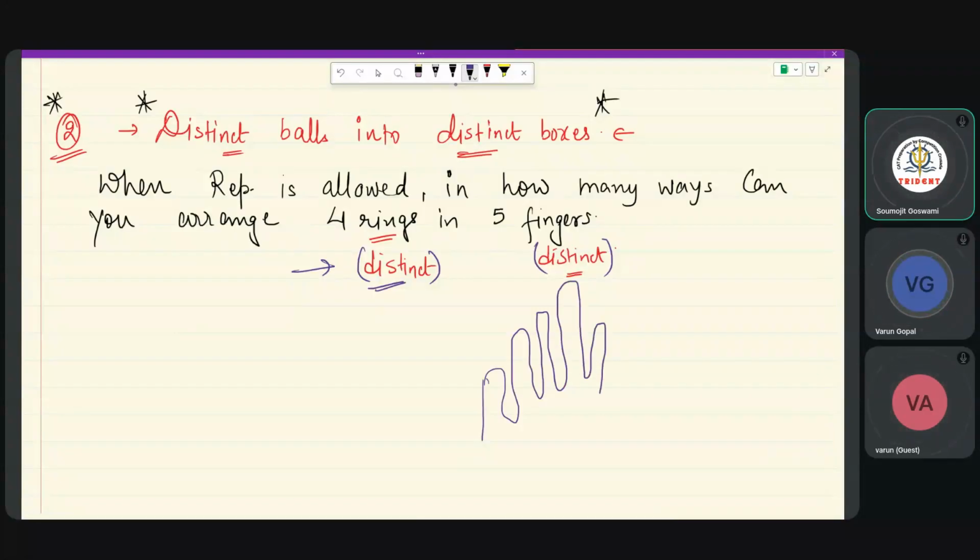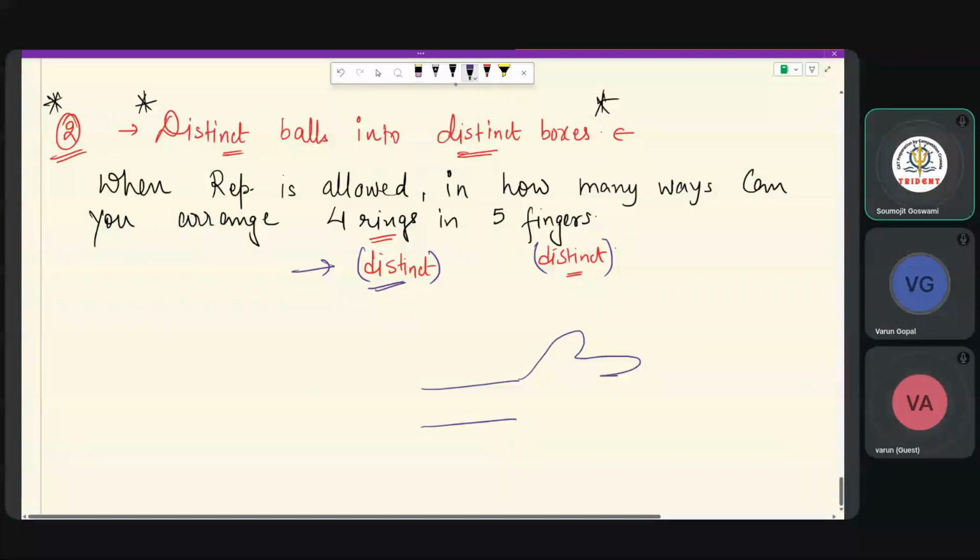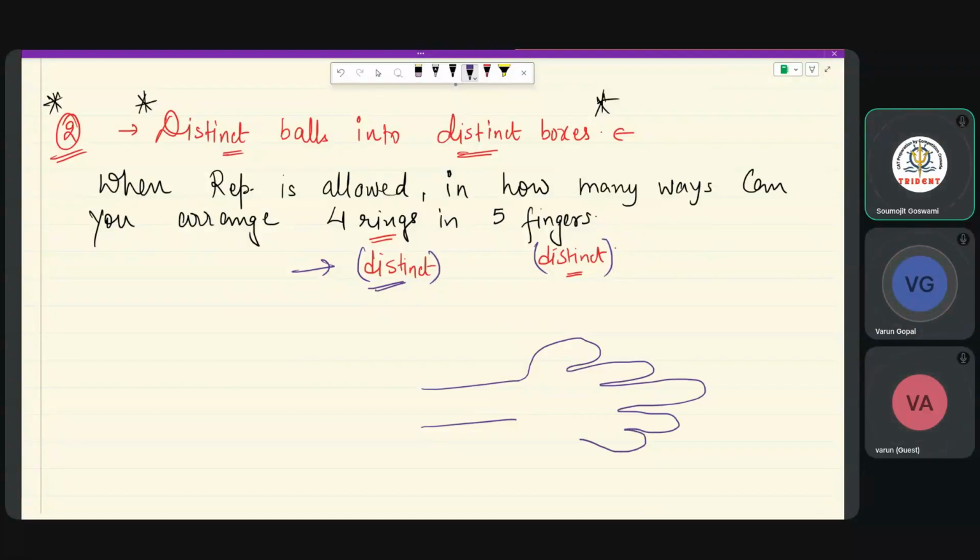How do you draw a palm? This looks like a palm of a, chalo, whatever, yeah. I'm not an artist. Looks like an alien. What?